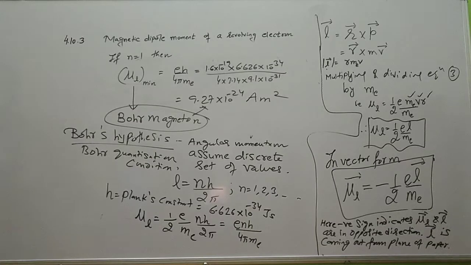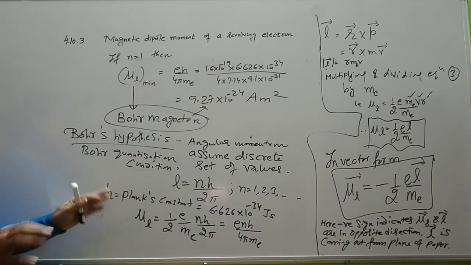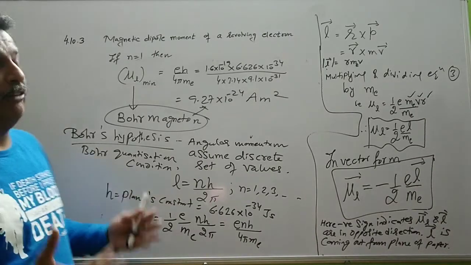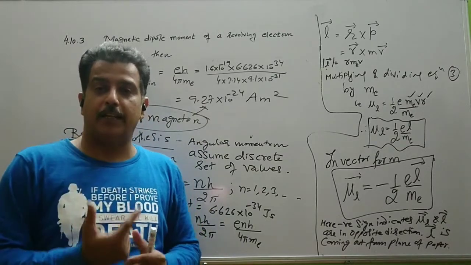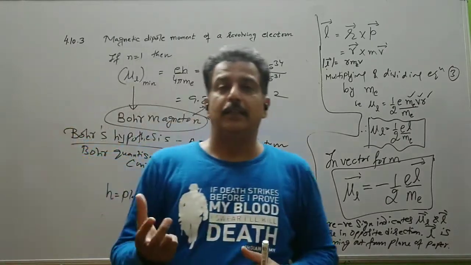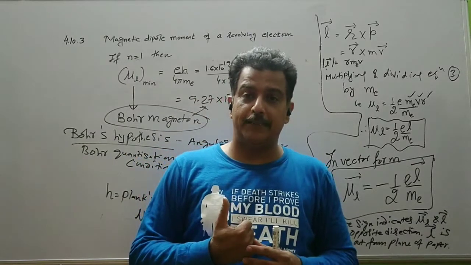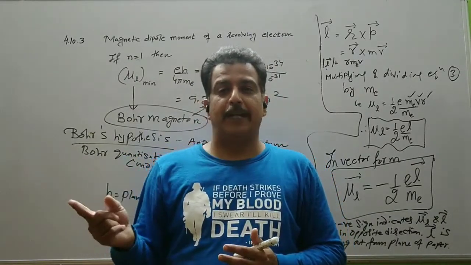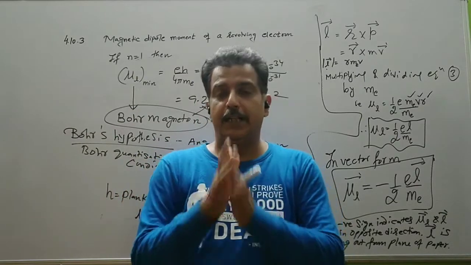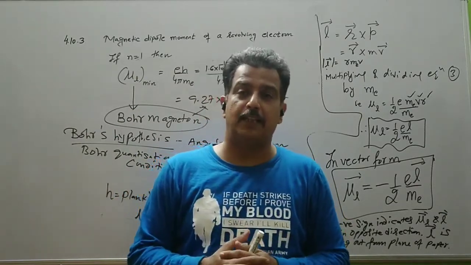Though you have to remember that the electron does not have an axis to spin like our Earth. The Earth is revolving around the sun, as well as rotating about its own axis. It is spinning. Electrons have a spin magnetic moment, but it does not have an axis like the Earth to spin around.